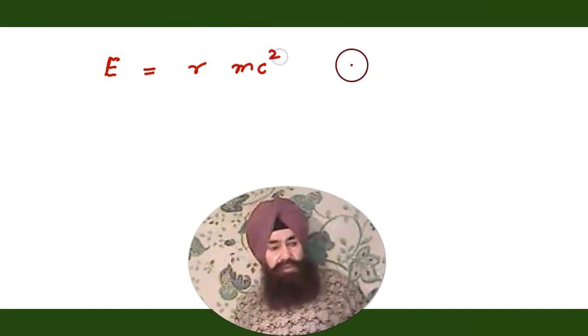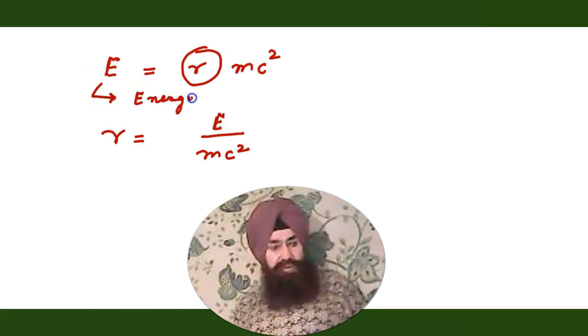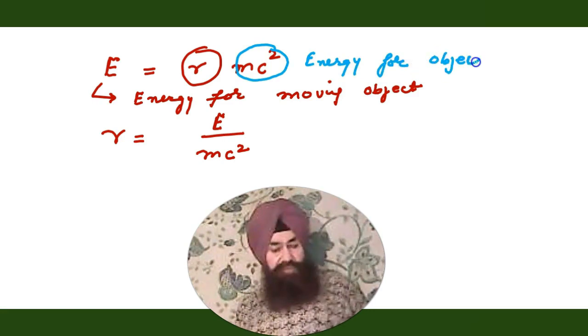So E equals gamma mc², but there was a problem, and gamma is E by mc². Now there's another definition of gamma. What's that other definition?